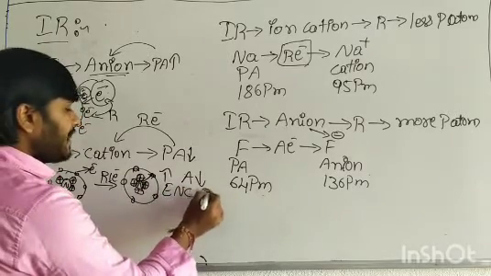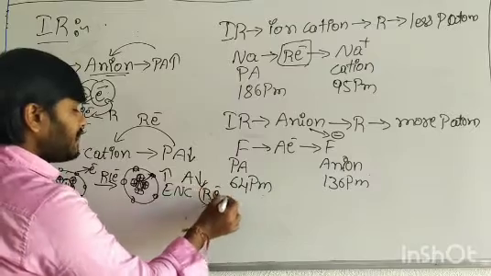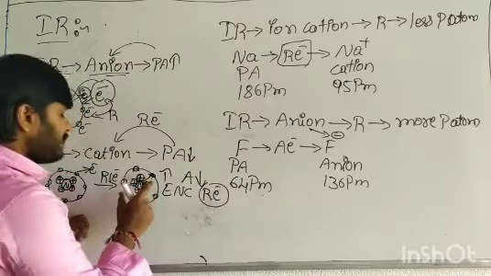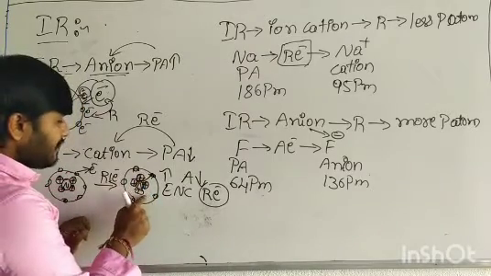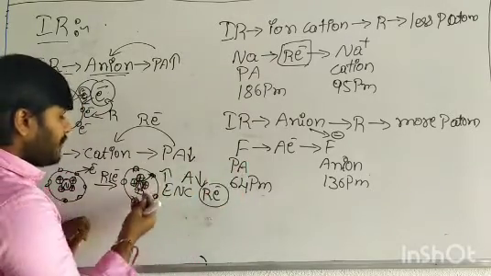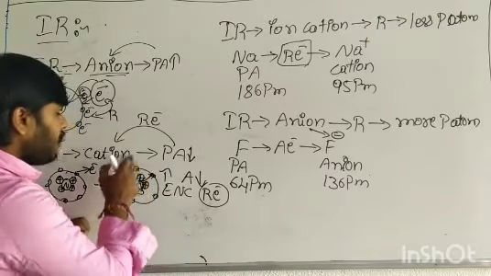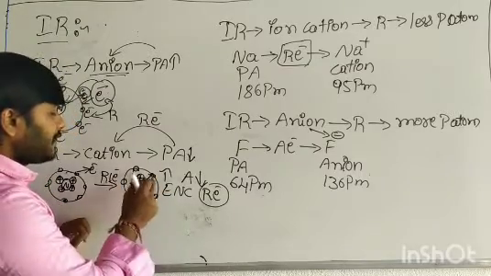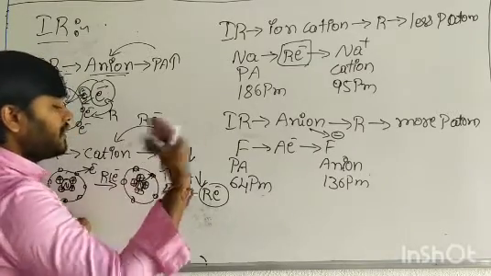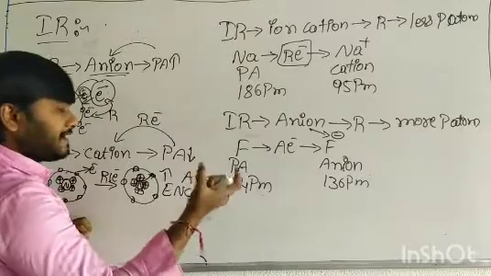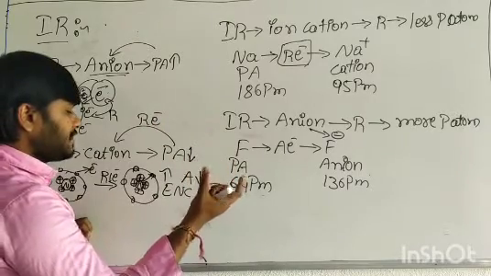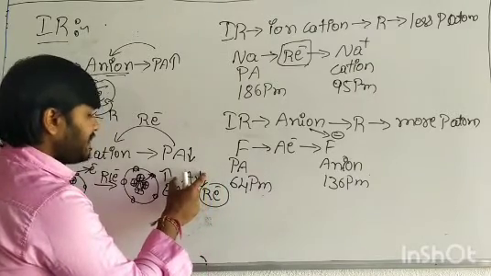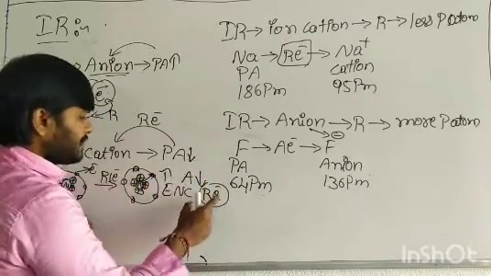We are only removing electrons, reducing the negative charge, so the attractive force between those two will increase. Obviously the atomic size of your cation will decrease.